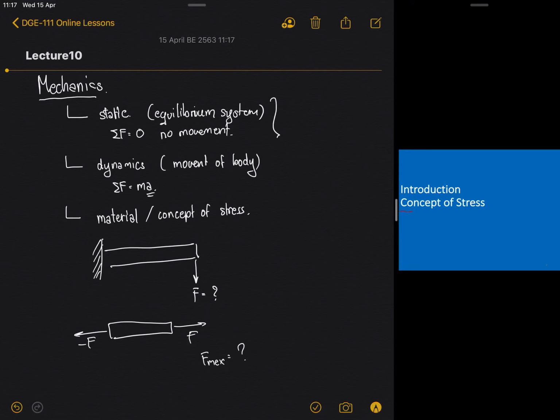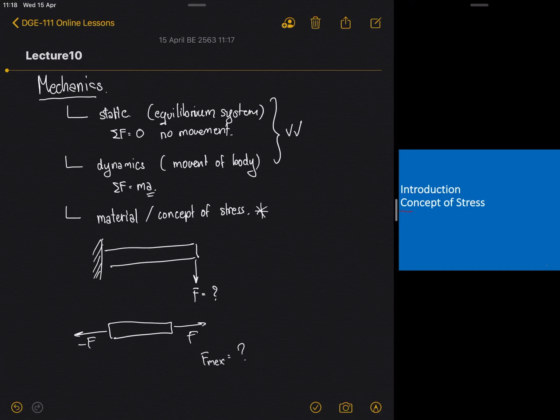What we have learned so far is just how to derive the force in the system. Next, we will learn about real cases in engineering problems.